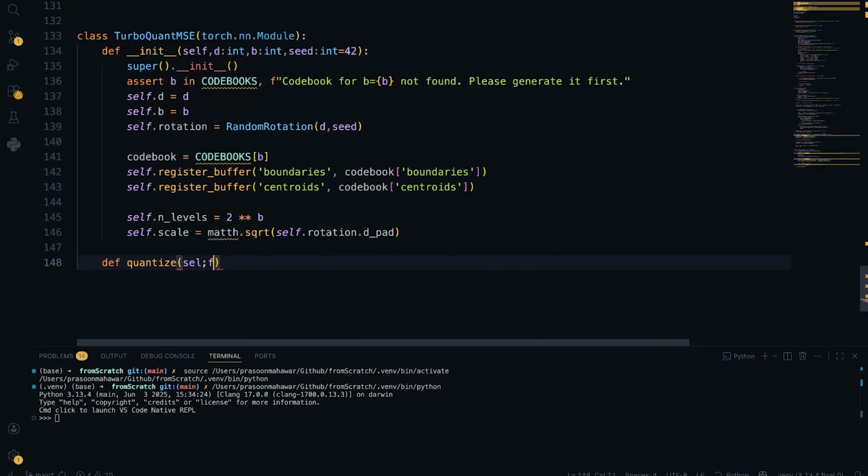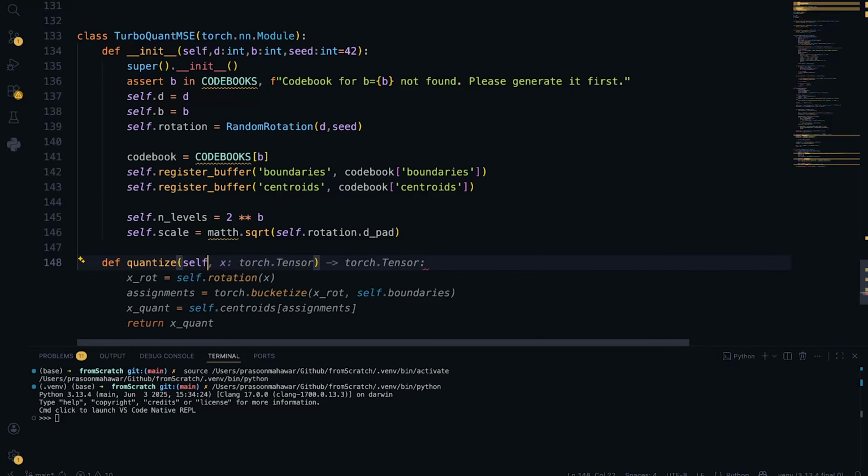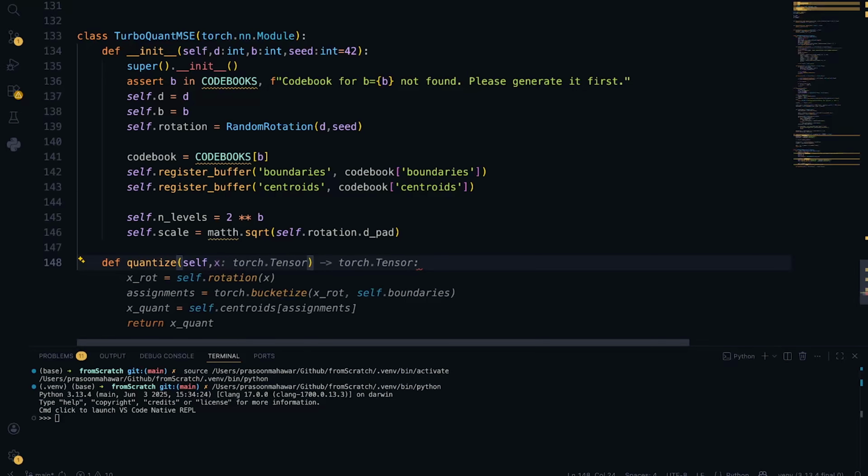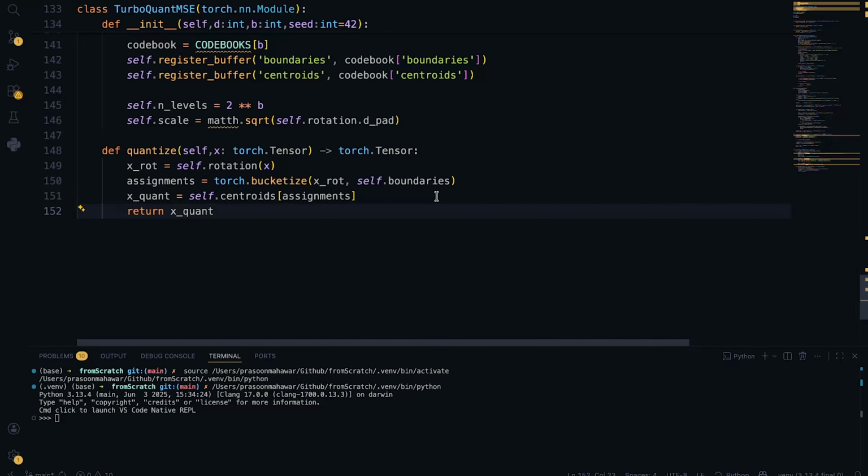Then we will define the method quantize. This will have the input self comma x as a torch tensor, and will return a torch tensor, and let me remove this. AI is not generating it correctly.